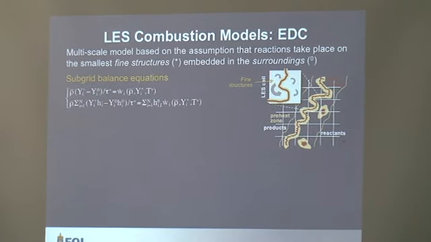Here you recognize that what happens in a typical LES cell is composed of fine structures and surroundings. So you actually postulate balance equations for the species mass fractions and for the temperature or energy that account for the interaction between the surroundings and the fine structures.